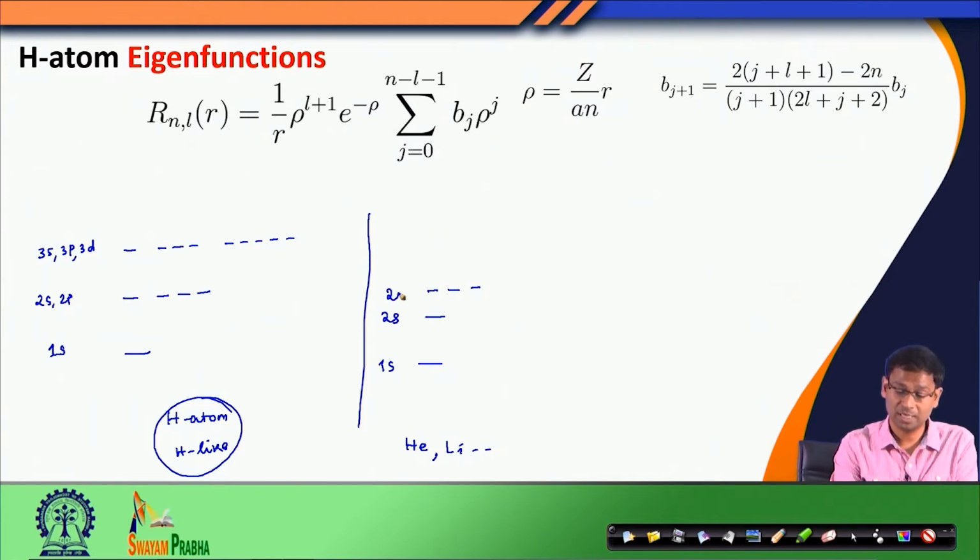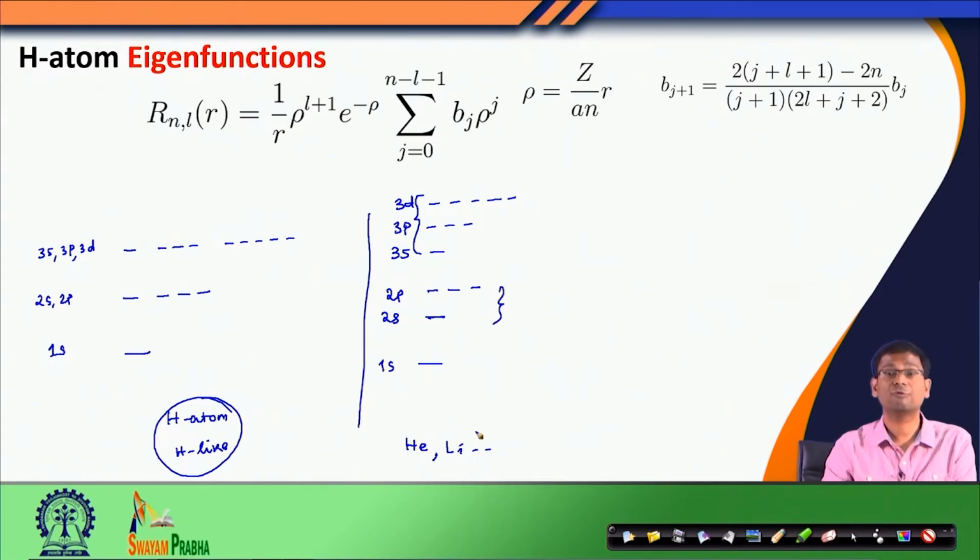So, this will be 2s, this will be 2p. So, that the 2s will be again 1-fold degenerate, 2p will be 3-fold degenerate. So, these 4 levels will split into 2, one will have 1 level, another will have 3 levels, and similarly you will have 3s, 3p, 3d, they will also split in energy.